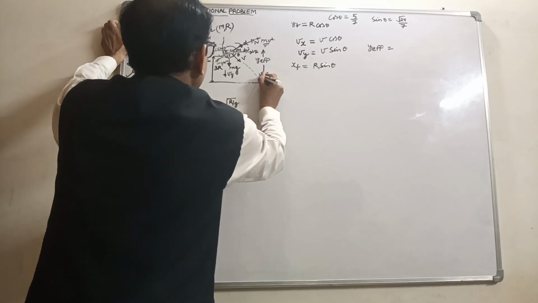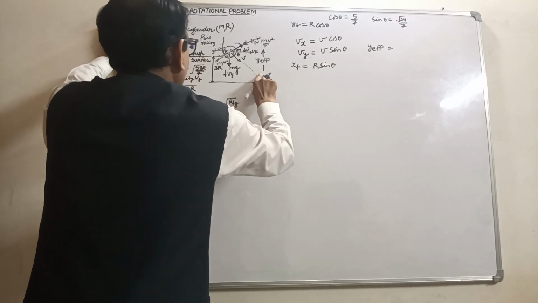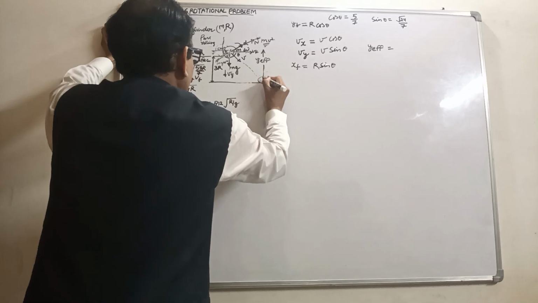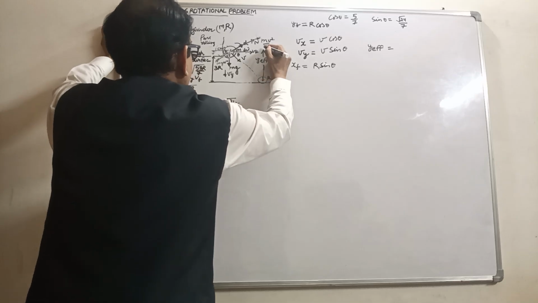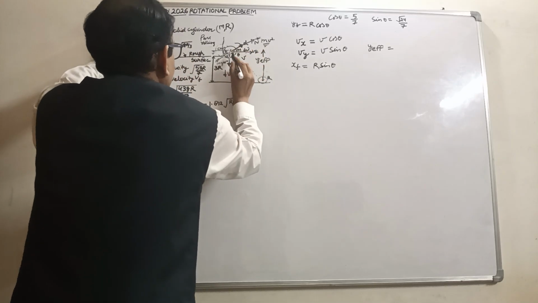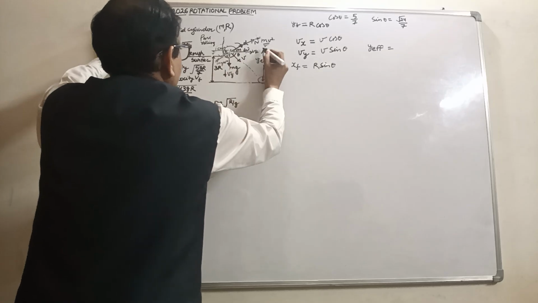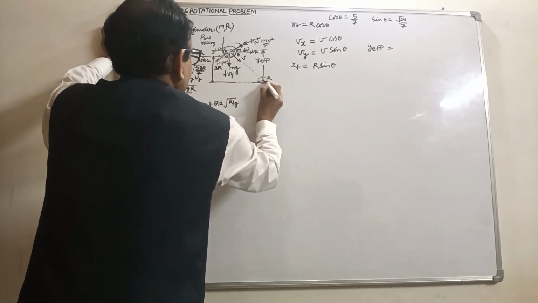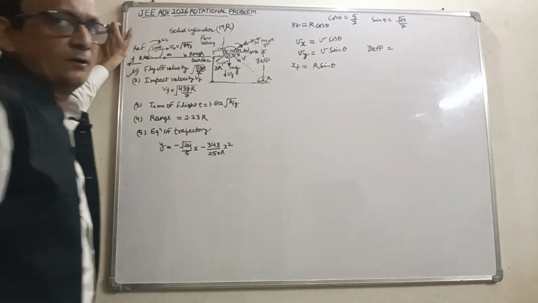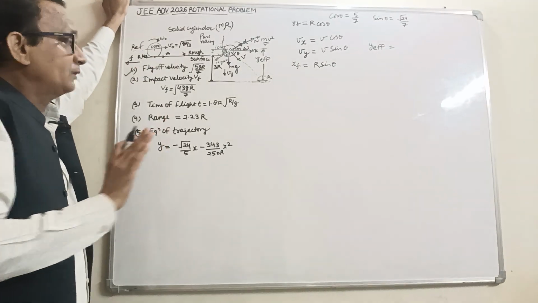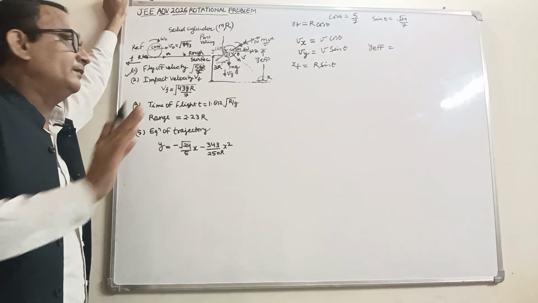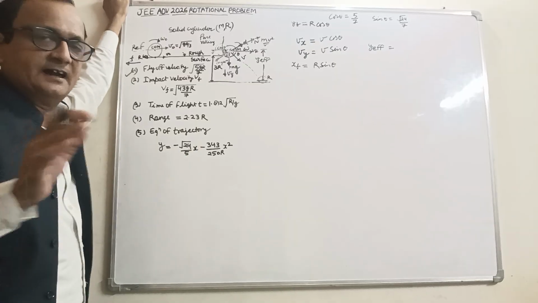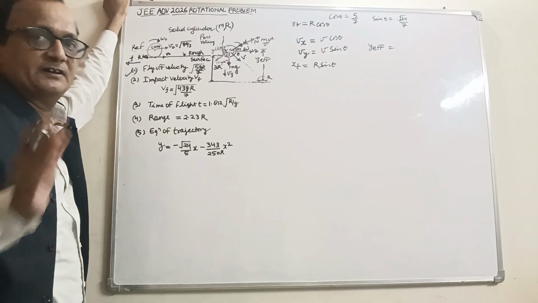So we have to find the effective distance from this center of mass to this center of mass. We apply the kinematic equation for the motion of the center of mass.